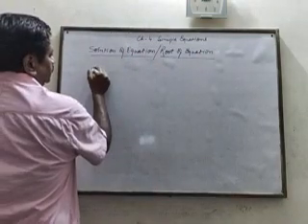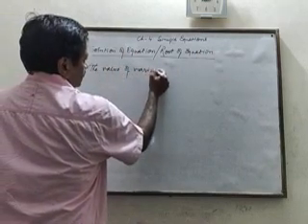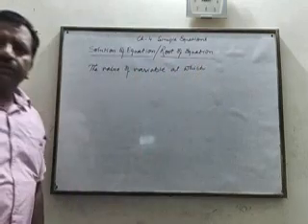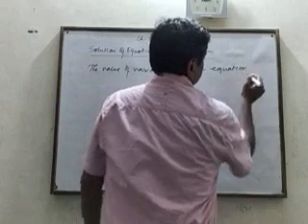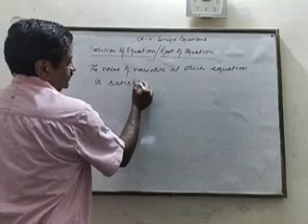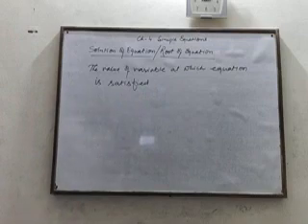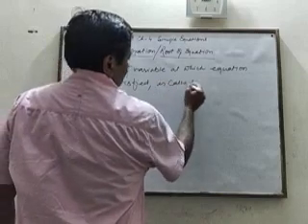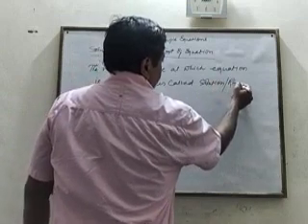The value of the variable at which the equation is satisfied. The value of the variable at which the equation is satisfied is called the solution or the root of the equation.